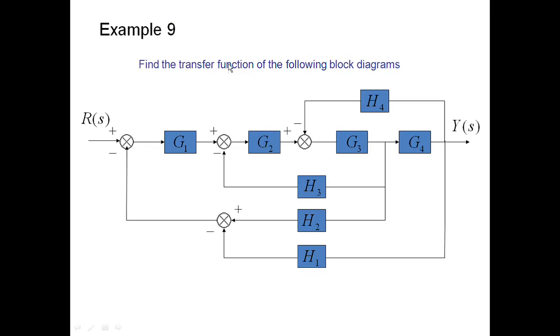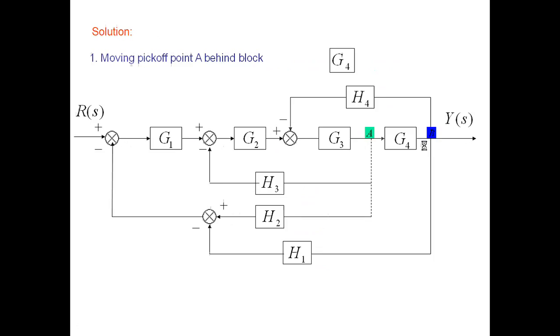This is one more example. There is no cascaded or parallel configuration, so definitely we need to shift a takeoff point or summing point to the left or right side of a block. Here this is node A, and we need to shift it to the right hand side of G4.